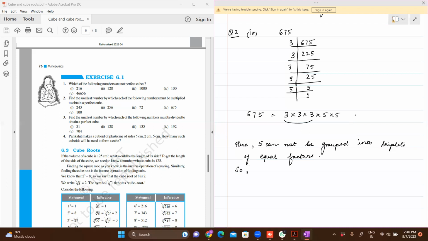So the smallest number by which we multiply 675 to make it a perfect cube is 5.